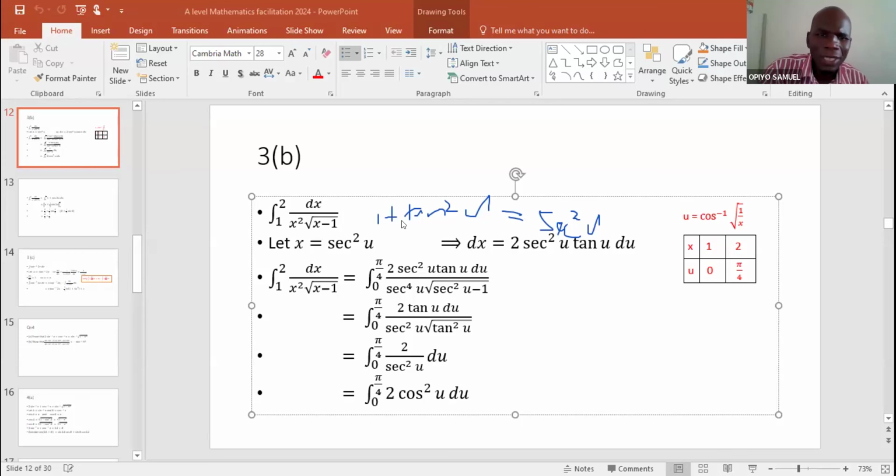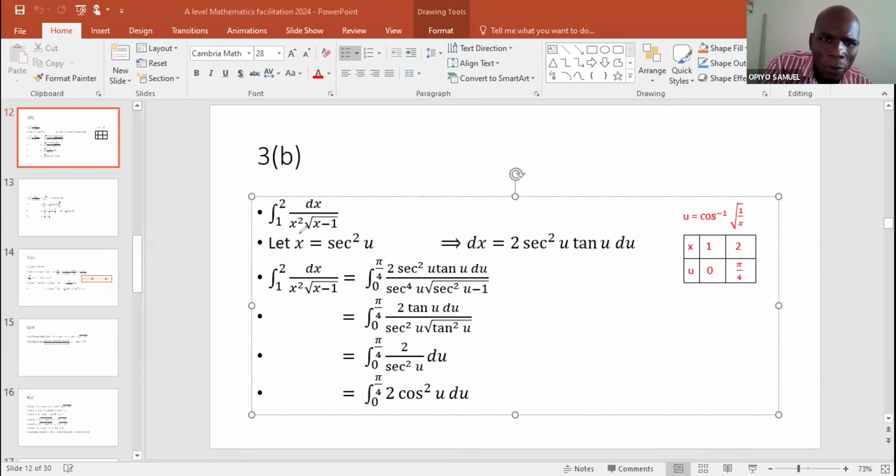What I was saying is, because we are solving this by change of variables, we are changing from x. Remember, we are integrating here with respect to x, which means this variable is in terms of x.